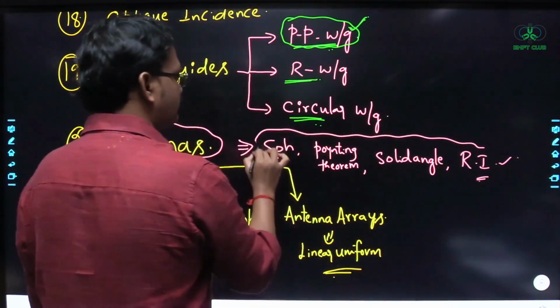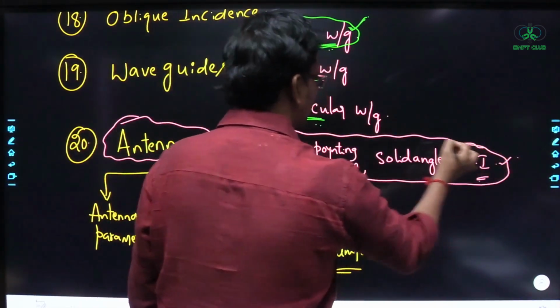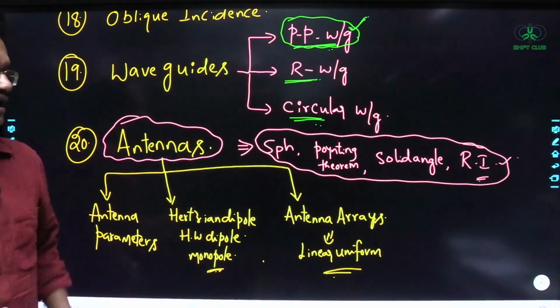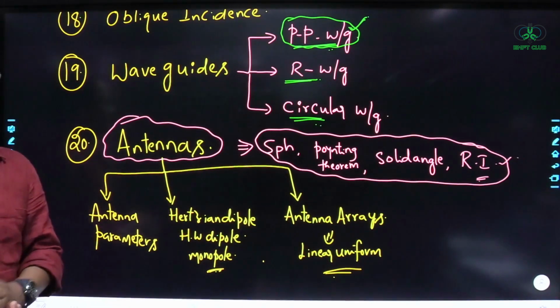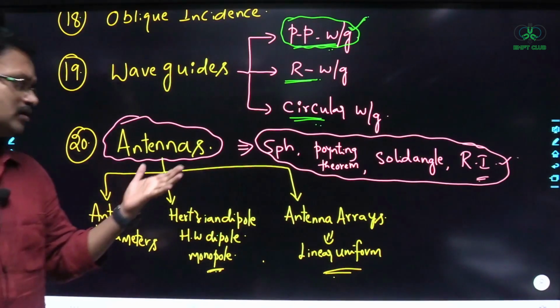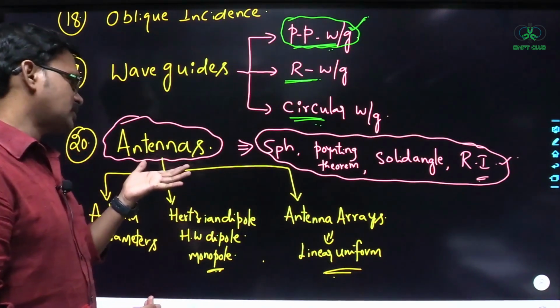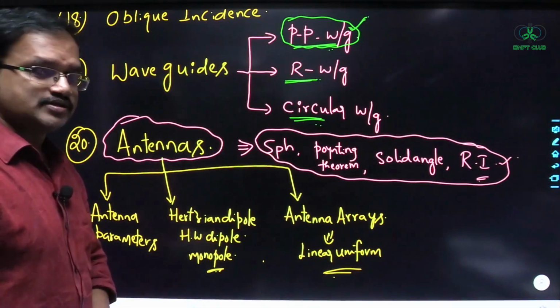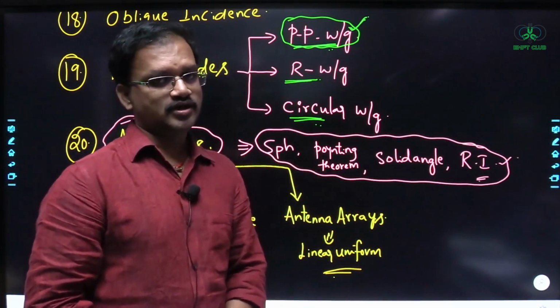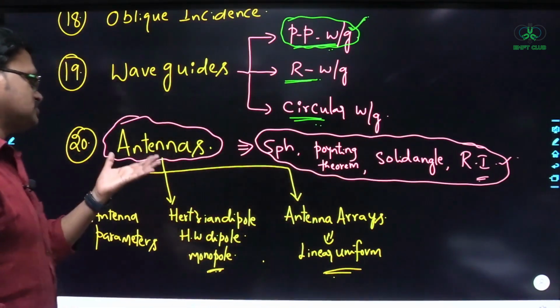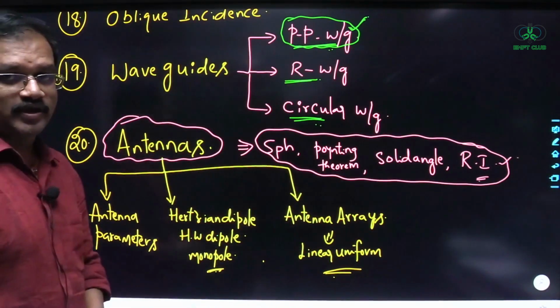If you get familiar with these topics, then only you can understand antennas in a crystal clear manner. So the basic things needed are the spherical coordinate system, Poynting theorem, solid angle and radiation intensity. If you understand these, you can easily understand the antennas topic, right?